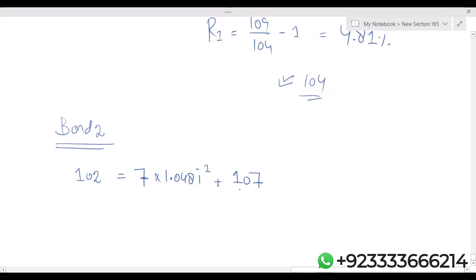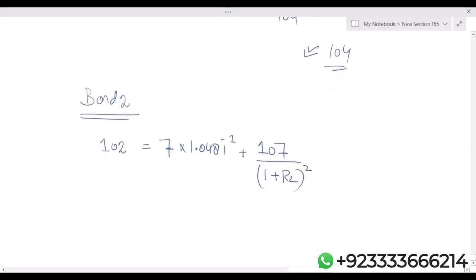And this 107 you can simply say divided by 1 plus R2 to the power 2. How did I get this 107? 7 is the cash interest and 100 is the redemption amount. Obviously, in the second year, we have to bear this redemption amount as well. First of all, students, is what I have written clear to everyone?